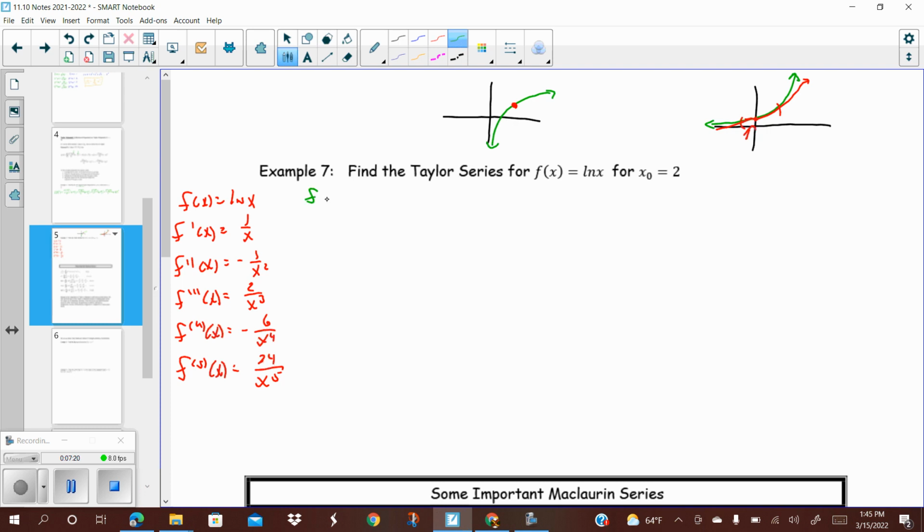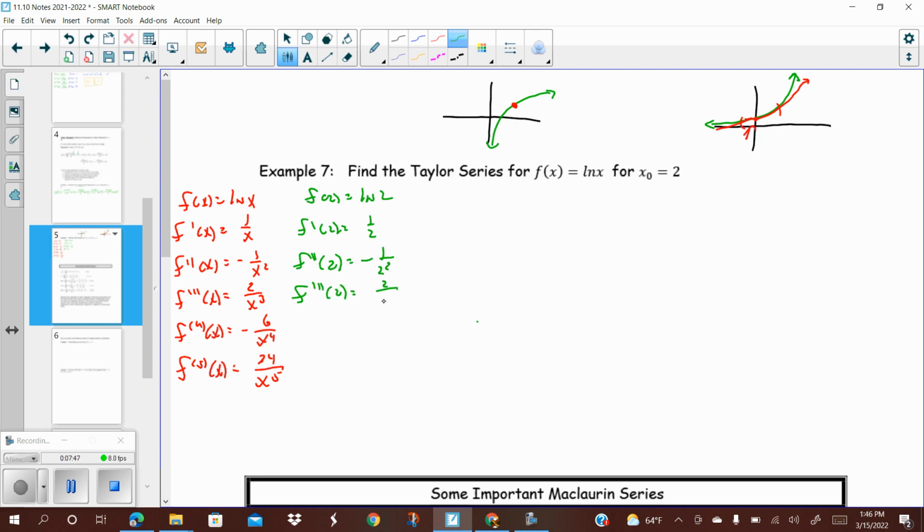So we need f of 2, which is going to be the natural log of 2. F prime of 2, that's 1/2. F double prime of, not of x, of 2. Negative 1 over, and I'm going to write it this way for right now, 2 squared. It's a double prime. F triple prime of 2.